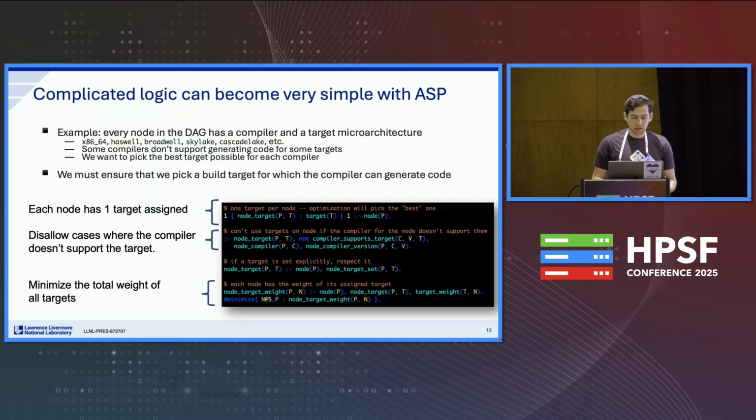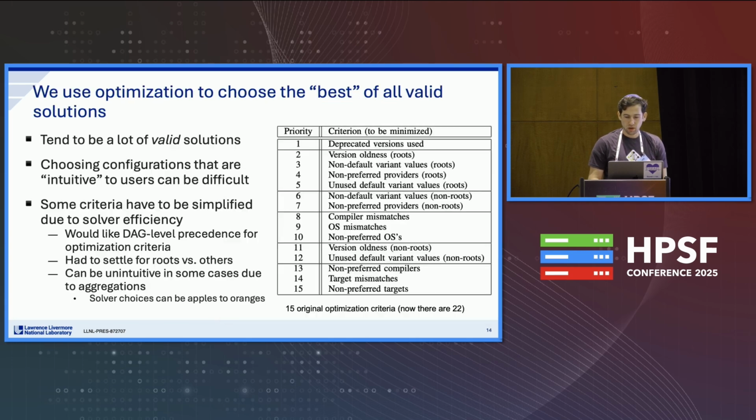This can make complicated logic very simple. It's also hard to think about sometimes. I'm not going to go into the details on this one. We use these optimization criteria that I mentioned to try to find the best solution, where best is defined by a set of criteria we've written that is designed to mimic user intuition about what you want to build.